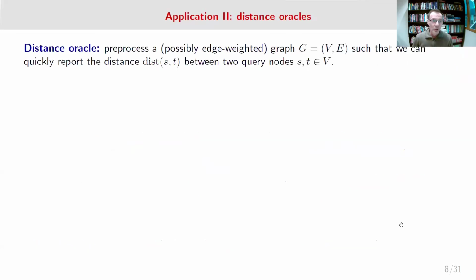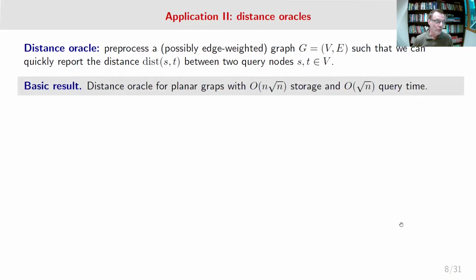Here's another very simple and basic application, distance oracles. So I give you a graph, possibly edge-weighted in general, and you want to pre-process it such that you can report the distance between any 2 query nodes.